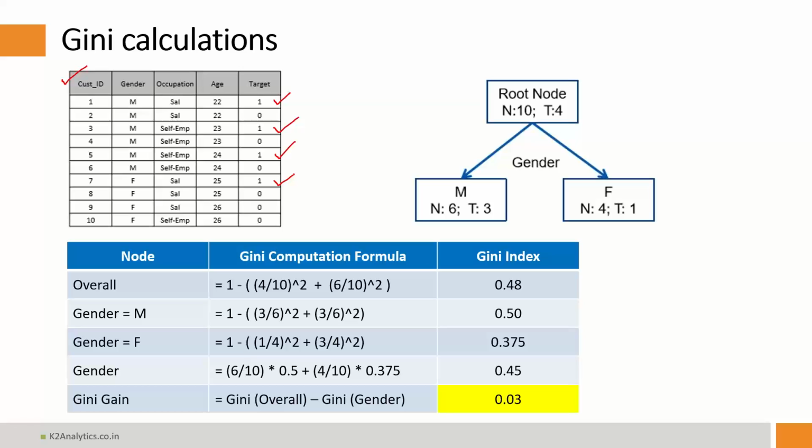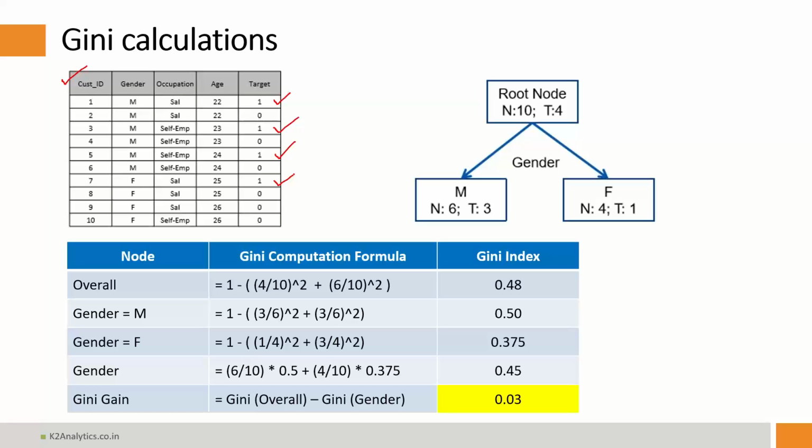So if that is the definition of how the algorithm is implemented, then I need to know how to compute Gini gain. When you use a Python program for building a classification tree, or an R algorithm for a classification tree, manually you are not going to do the calculations which I am going to exhibit.